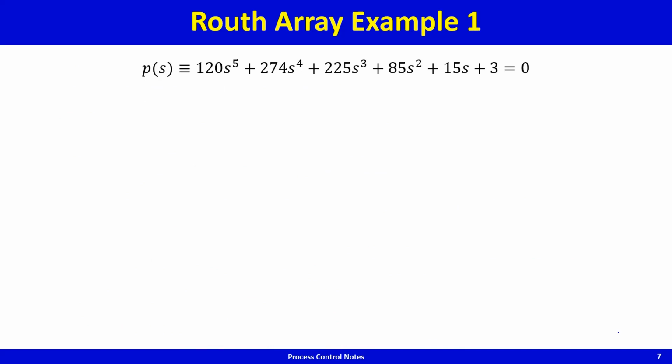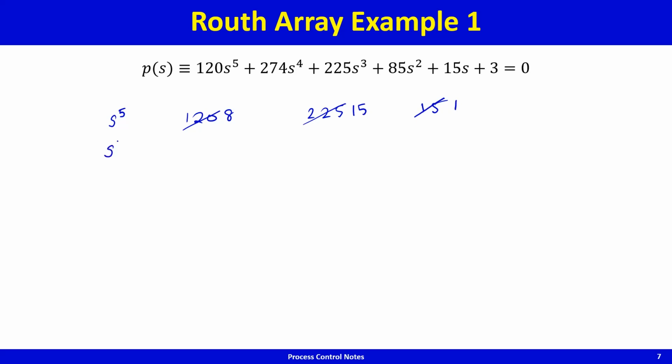How do we build the root array? The highest power is 5, so we will start with s to the power 5, and we will have the coefficients 225, alternate coefficients, and 15. You can see immediately 15 is common to this, so this is replaced by 8, this is replaced by 15, and this is replaced by 1.